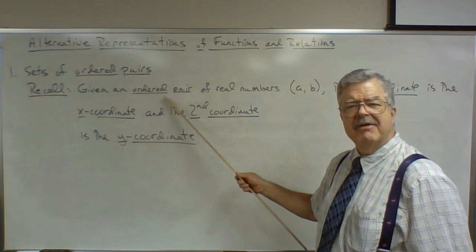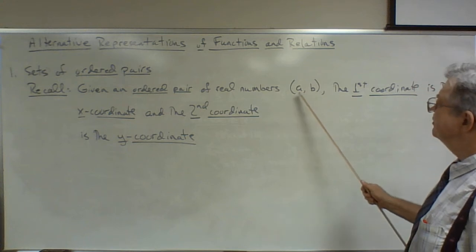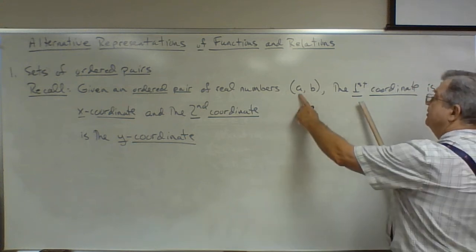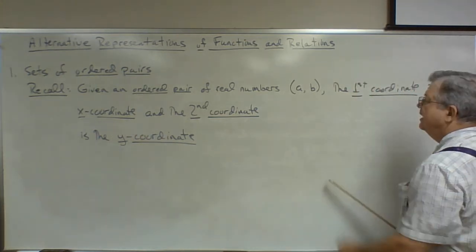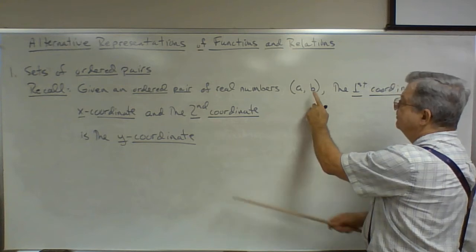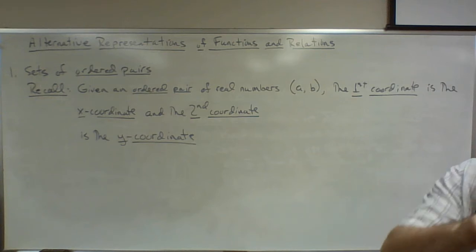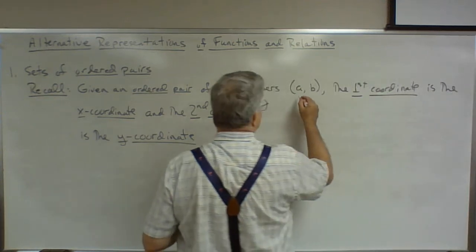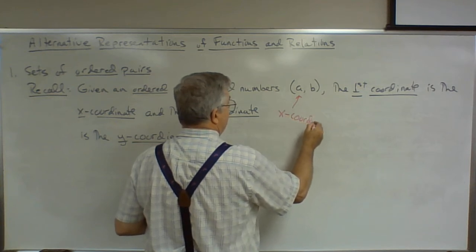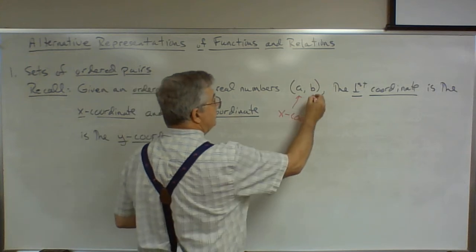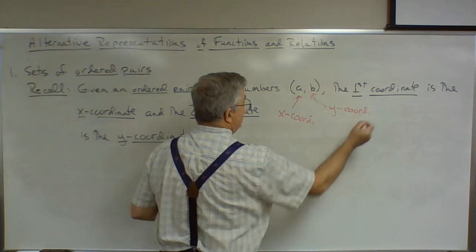And remember from the graphing that we did about a week ago, given an ordered pair of real numbers, (A, B), the first coordinate is the x coordinate, and the second coordinate is the y coordinate. So this is the x coordinate, A, and B is the y coordinate.